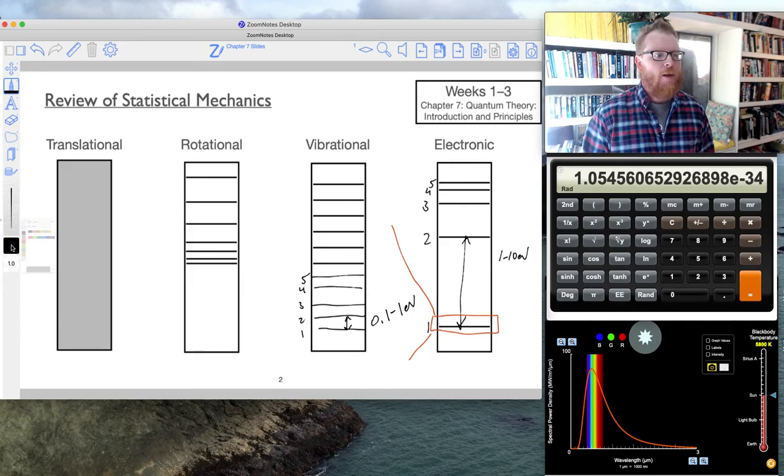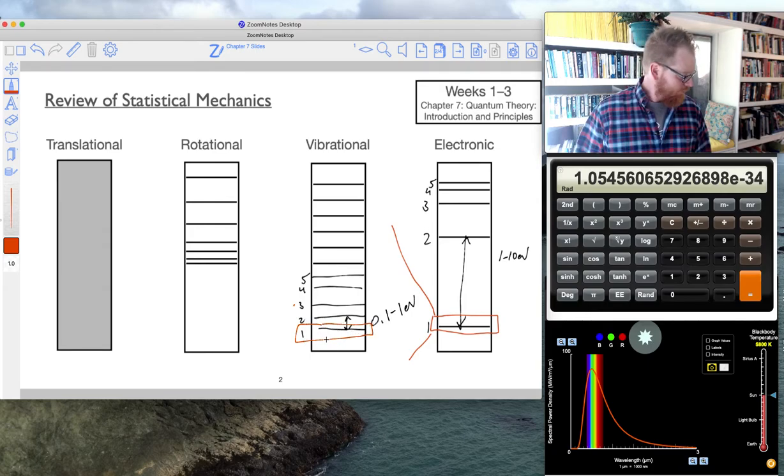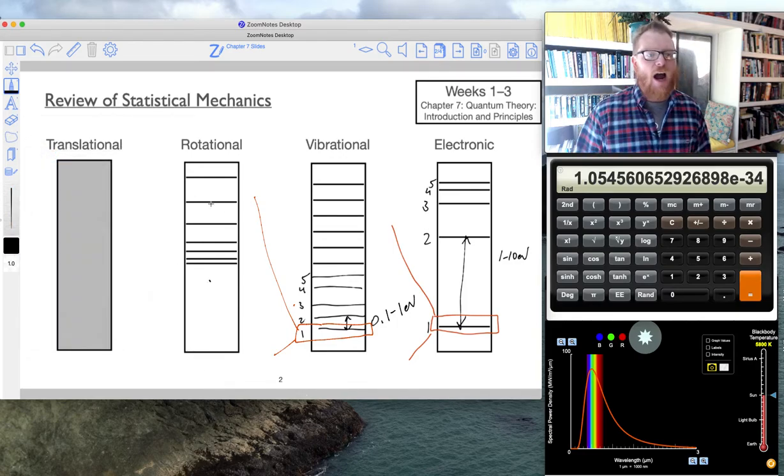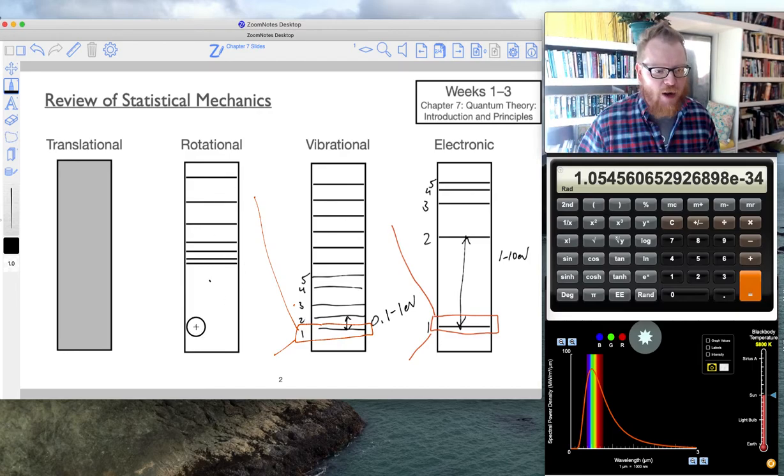If I were to zoom in on that very first vibrational level, we would see a whole host of rotational levels. I'm sorry, folks, I'm just realizing how badly I miscopied these diagrams. So these diagrams aren't accurate, but that's okay. For now, all I'm doing is reviewing what our typical energy spacings would be.